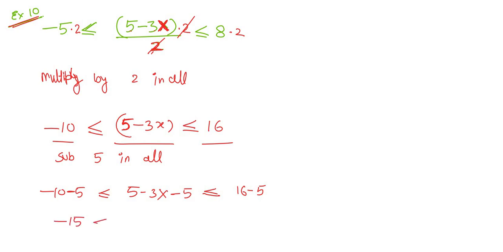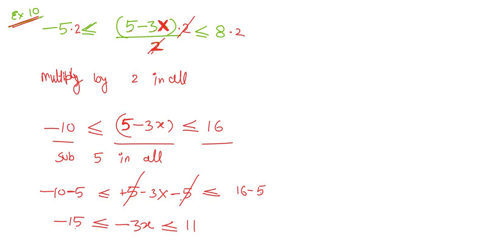So I am getting minus 15. Correct? Minus 10 minus 5 is minus 15. And here plus 5 minus 5, this and this will cancel. See carefully. So this is minus 3x less than 11. 16 minus 5 is 11.